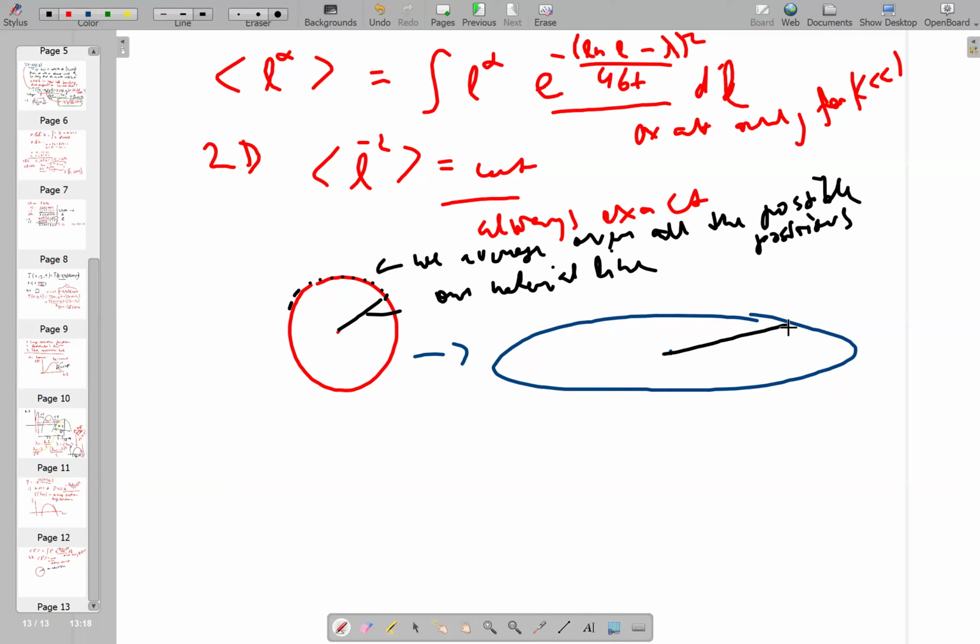Now, what does it mean? It means that we need to average over different positions here on the line. But how do we do that? Let us take two nearby points here, this point and the neighboring point, and draw an arc like that.